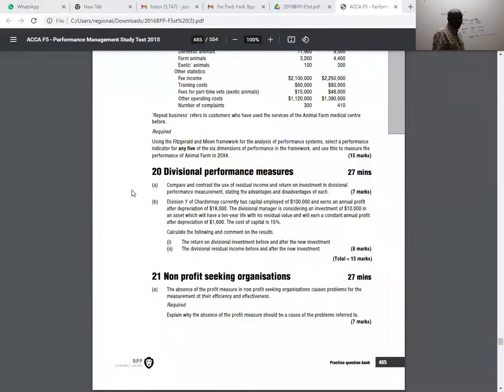So using the same concept, ladies and gentlemen, they want us to calculate the residual income before and after the new investment. Is there anybody who is able to remember the residual income formula? I love the residual income so much.